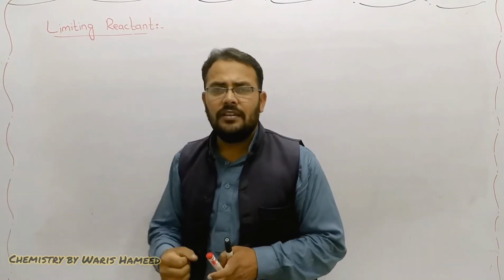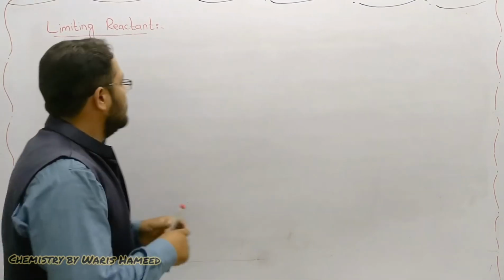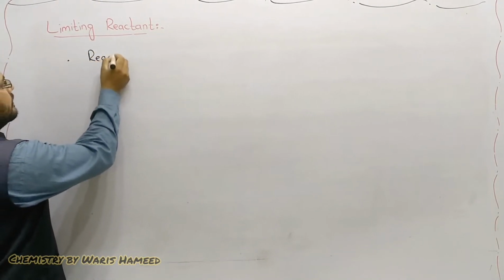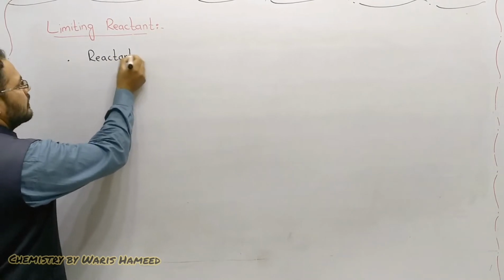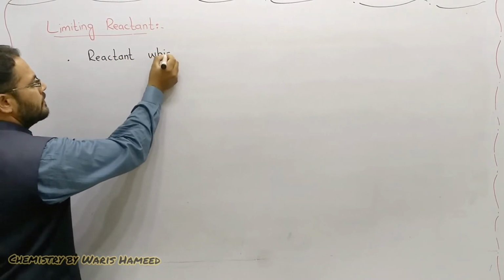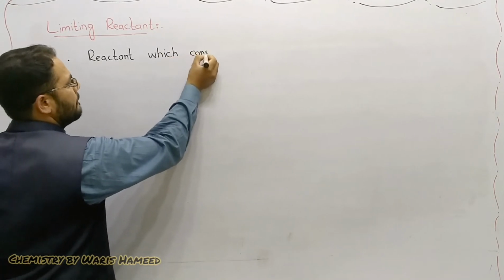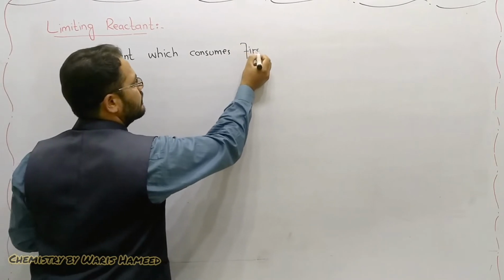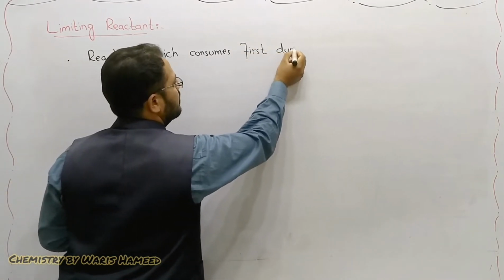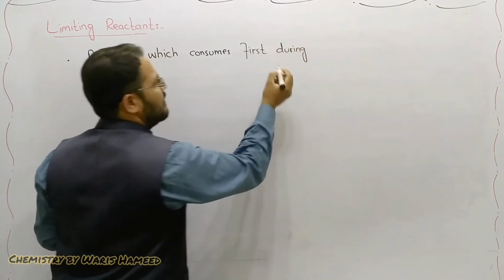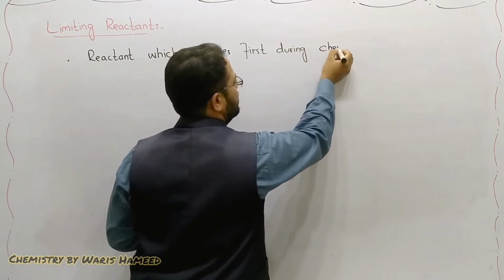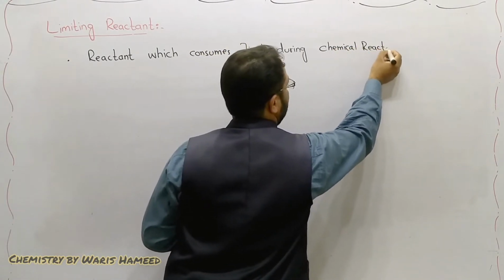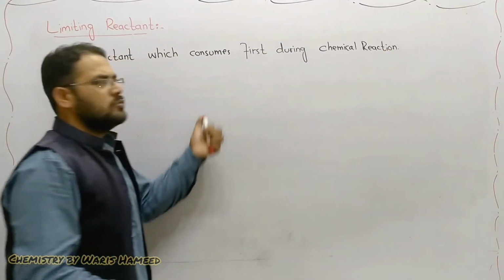So we can define the limiting reactant as the reactant which is consumed first during a chemical reaction. Why does it get consumed first?